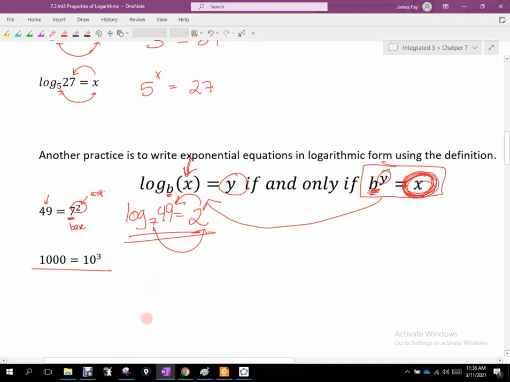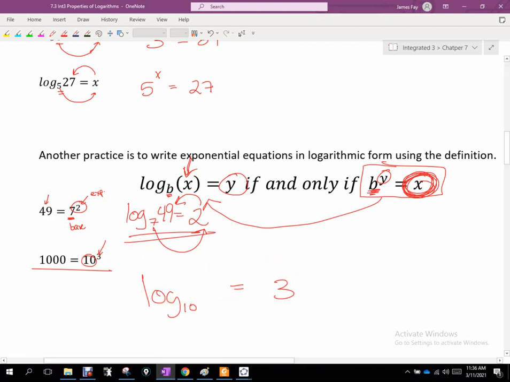Let's do this one. What's the base on that one going to be? It's going to be 10. So 10 is the base. The exponent then is the thing that in the logarithmic form is by itself, because the logarithm is an exponent.